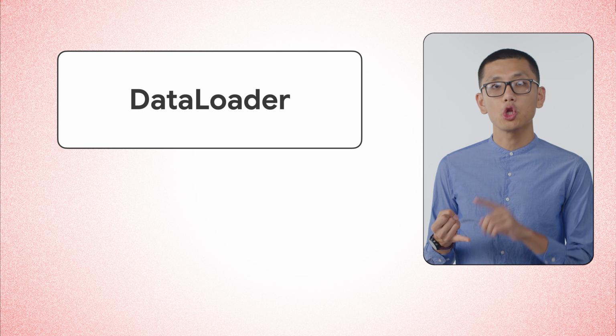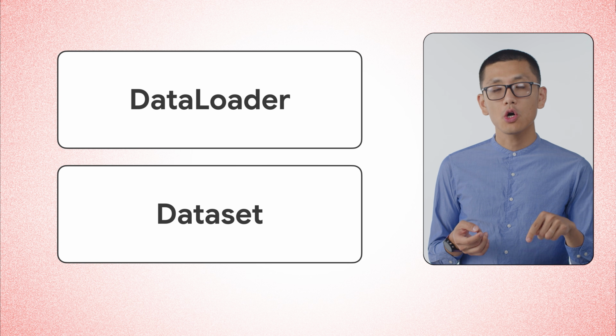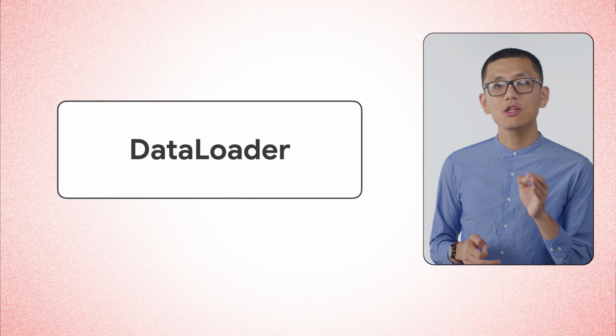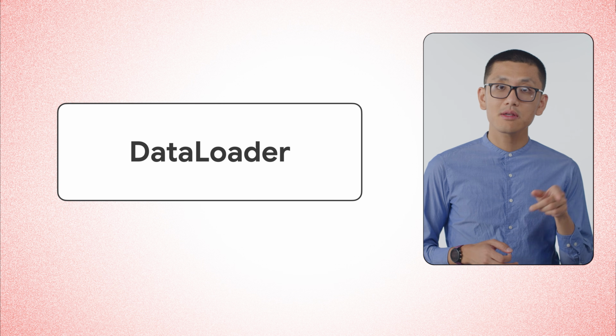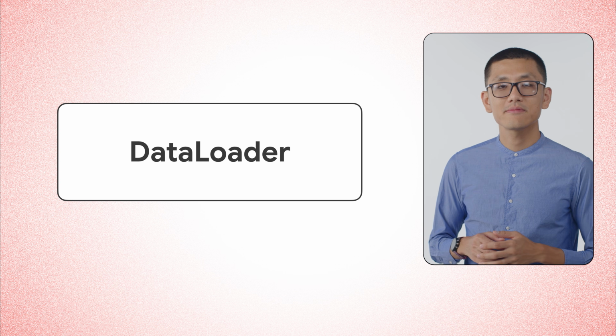There are two main ways that Grain defines its data processing pipelines: the DataLoader and DataSet classes. In this video, we'll explore just the DataLoader API, and in the next one, we'll check out the DataSet API, along with checkpointing.